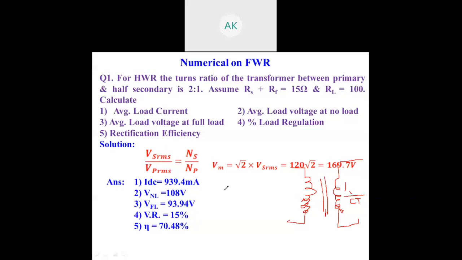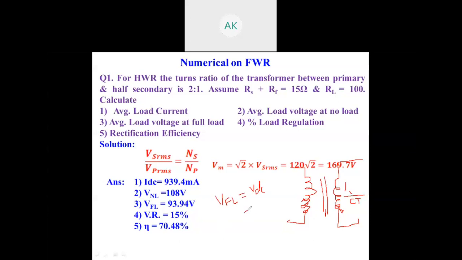We want to find out VFL. VFL is nothing but the VDC when the load is connected. Now can you find the VDC for this case?